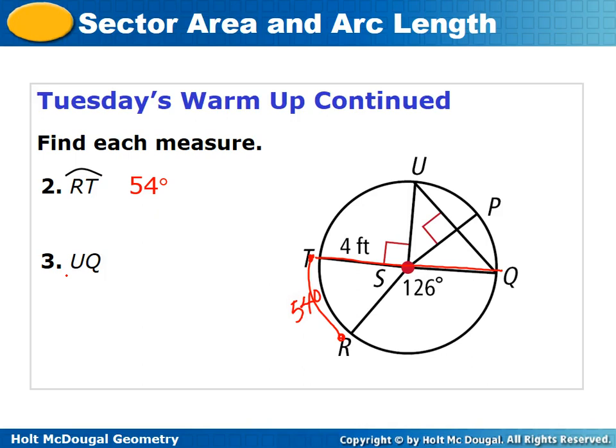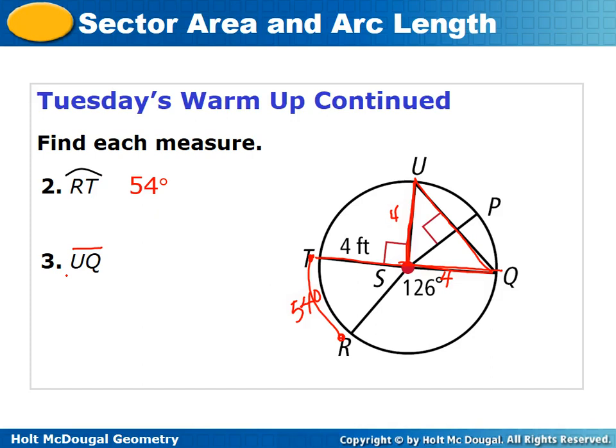Then it asks us for UQ. And UQ is a segment. And here, if we look at this, we have that this right here is 4. And this right here is 4. Which means we have two sides of a triangle. I don't know if y'all notice the triangle right here. Both of those are 4 and 4.